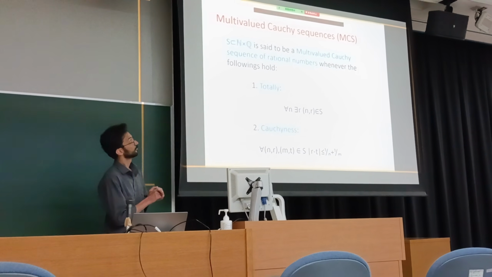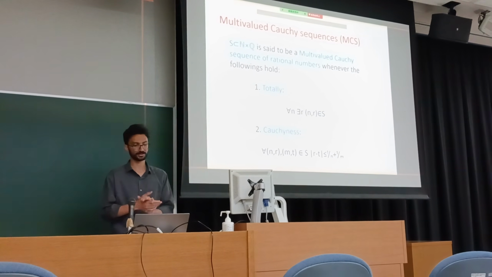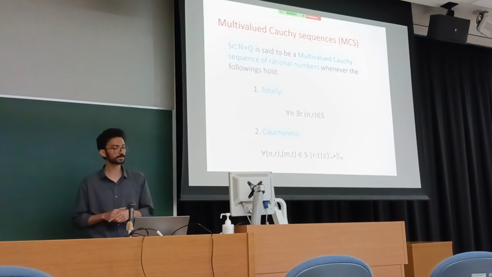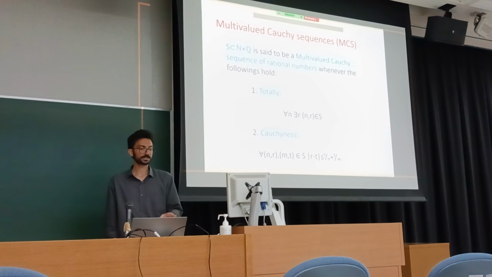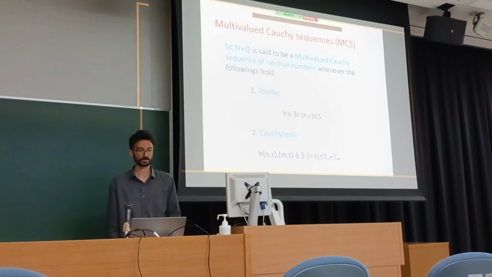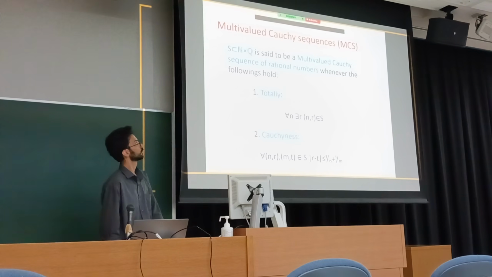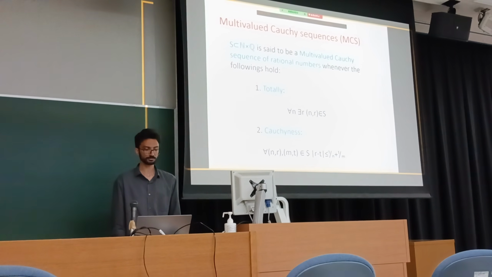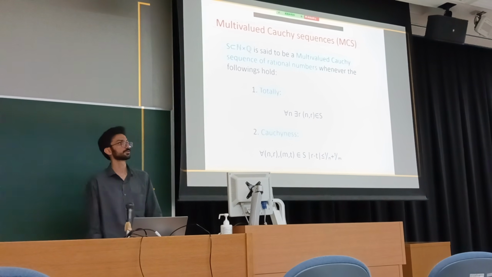Simultaneously, we could define, as usual, the notion of multivalued Cauchy sequences of rational numbers in HAS00. Let S be a subset of N times Q. We say that S is a multivalued Cauchy sequence of rational numbers whenever these two conditions hold. First is totality and second is Cauchiness.